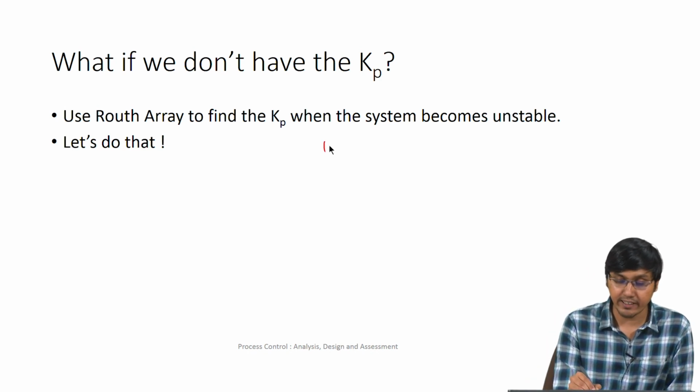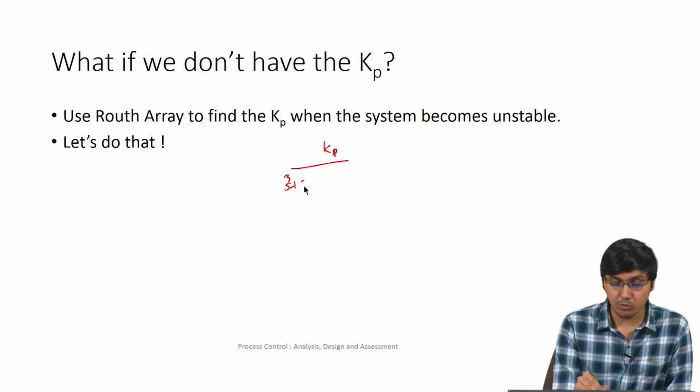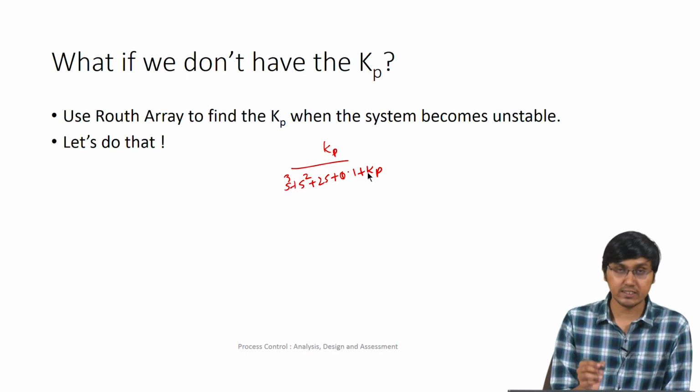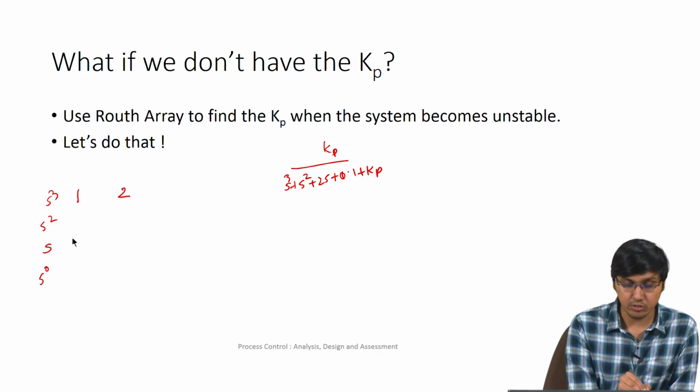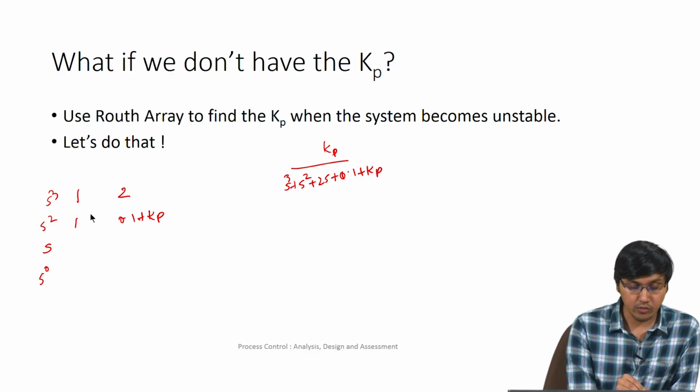Basically what we had was Kp by s cube plus s square plus 2s plus 0.1 plus Kp. This was the closed loop transfer function we got, and then we write s cube, s square, s and s power 0. Here we add 1 and 2, and here we add 1 and 0.1 plus Kp, and now you put 2 minus 0.1 plus Kp by 1.